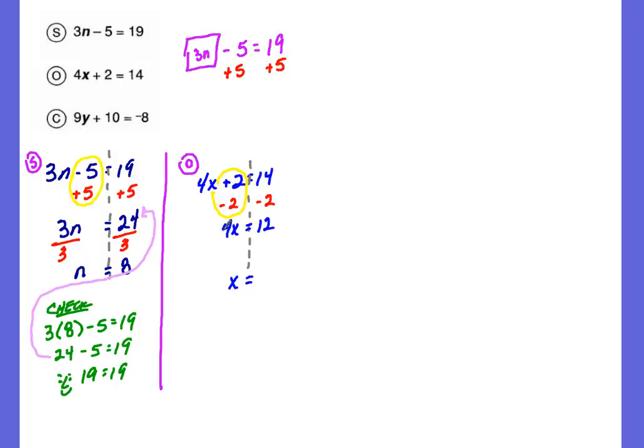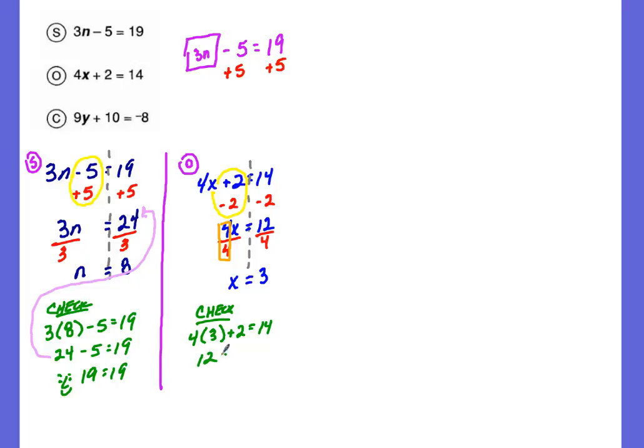So I know that 4x's are equal to 12. If I want to know how much 1x is, I would divide by 4. When I divide by 4, this becomes a 1 right here, 4 over 4. So there's the x I have left. 12 divided by 4 is 3. I can check my work by saying, does 4 times 3 plus 2 equal 14?